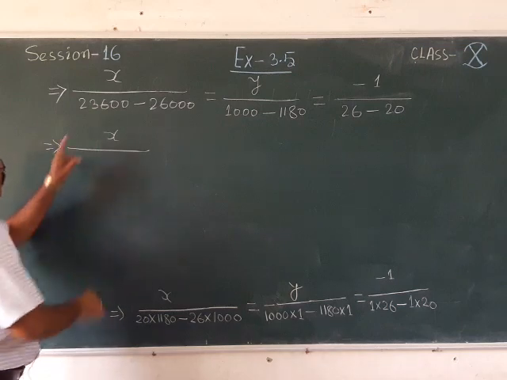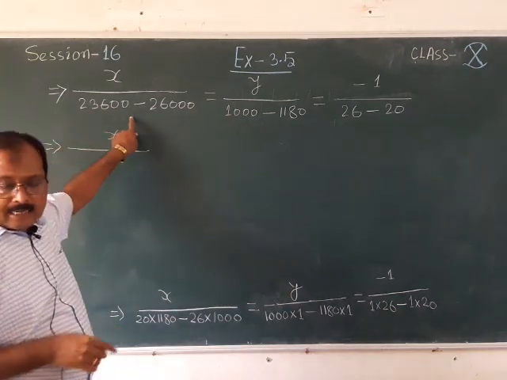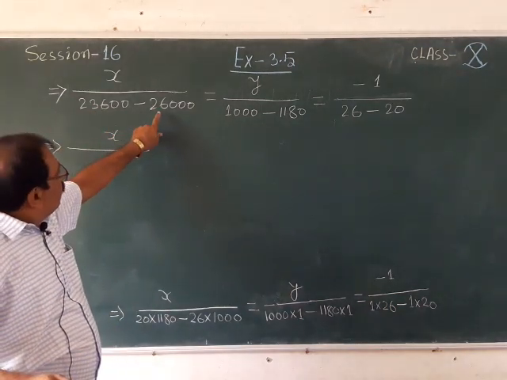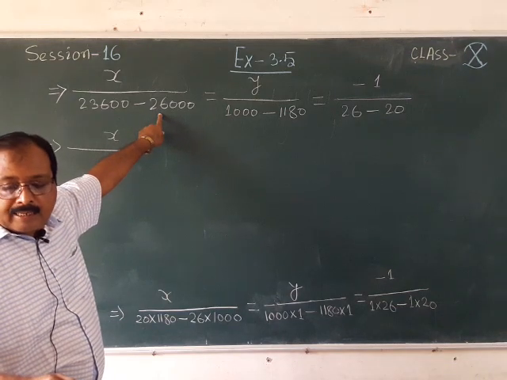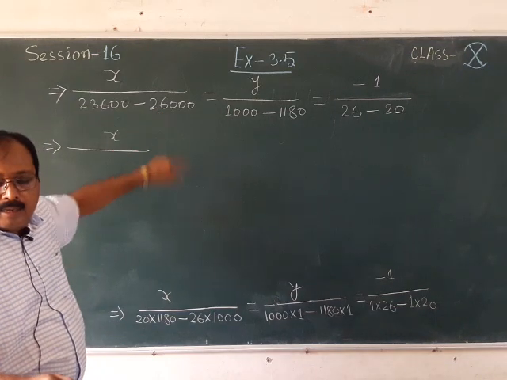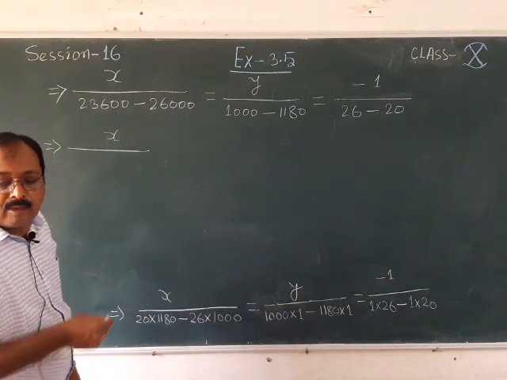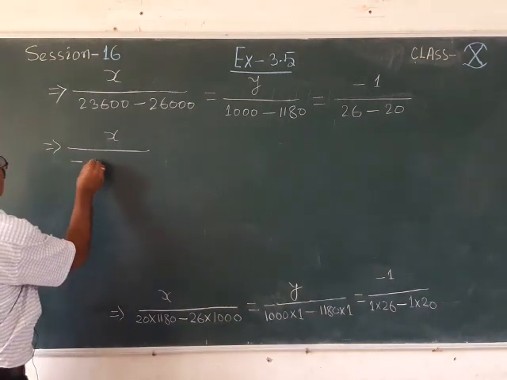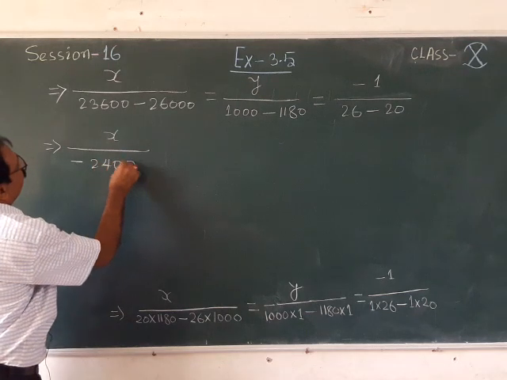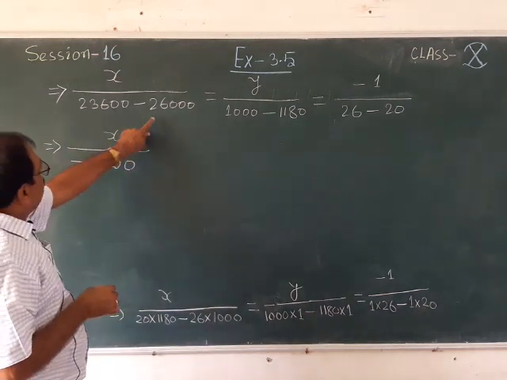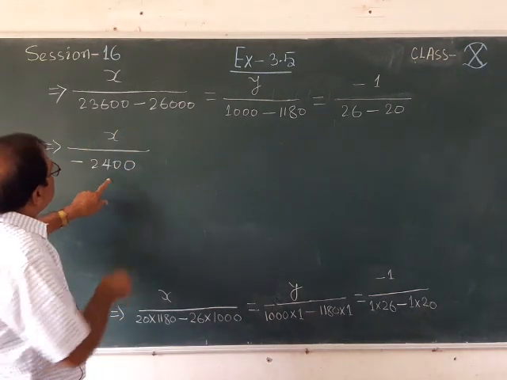x upon now 23,600 minus 26,000. If you subtract, then it will be x upon minus 2400. When you subtract, you will have this.